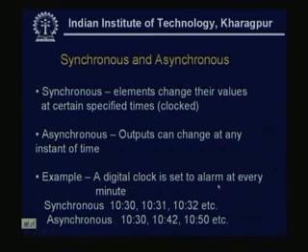Now, two more terms are very important when we study digital systems. One is called synchronous, another is called asynchronous. What do we mean by a synchronous system? A synchronous system is one where the elements change their values at certain specified times. Certain specified times means only at some specific times they can change, and normally we call that clocked.